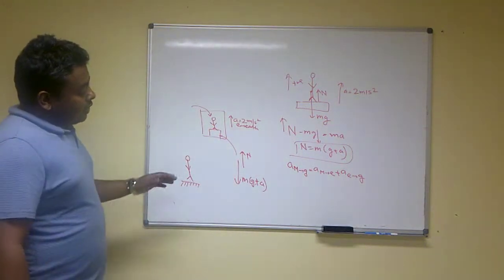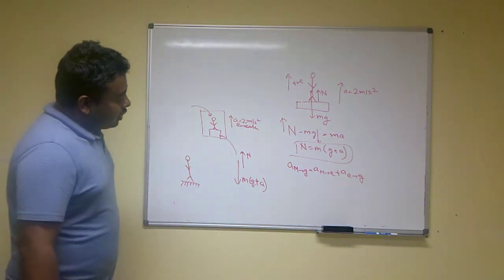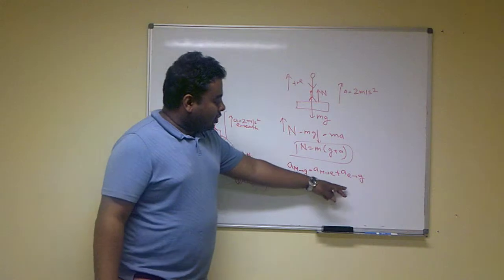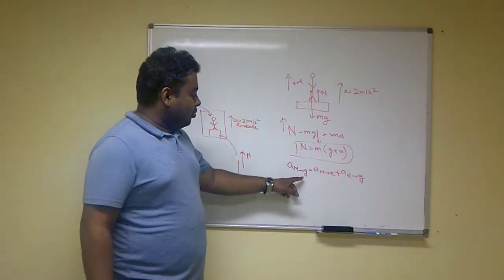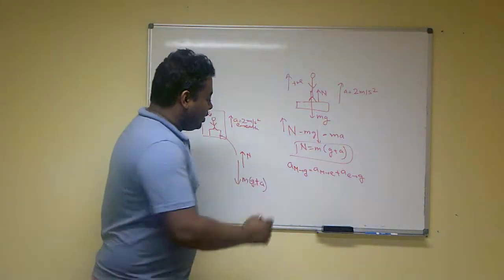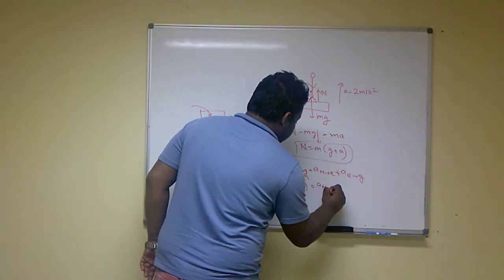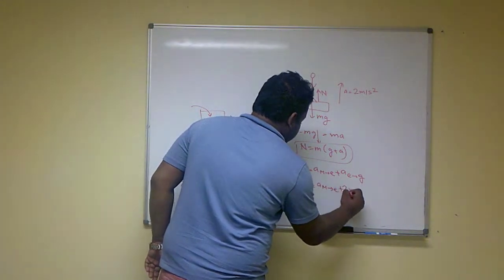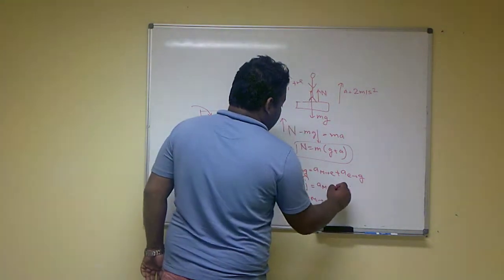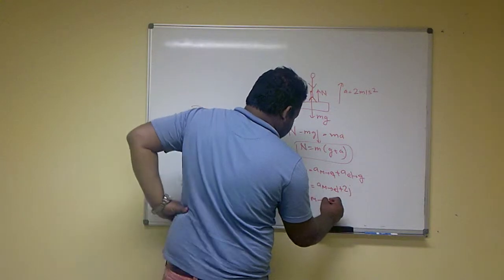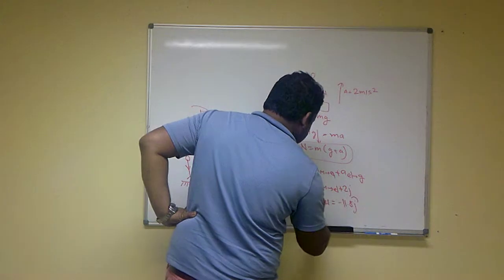So the elevator with respect to ground is plus 2j cap, and m with respect to ground is minus 9.8 j cap. So basically acceleration of m with respect to the elevator is becoming minus 11.8 j cap.